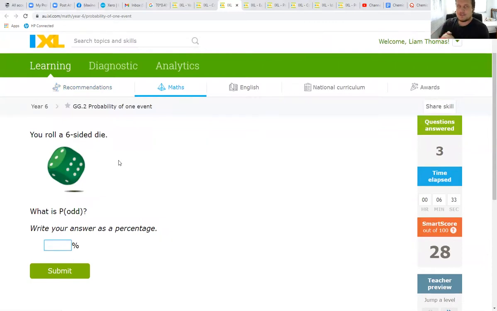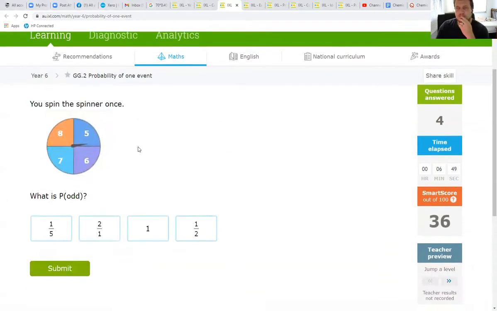So 6-sided dice, probability that we roll an odd number, not a percentage. 50%. What's the probability of an odd number in this one?